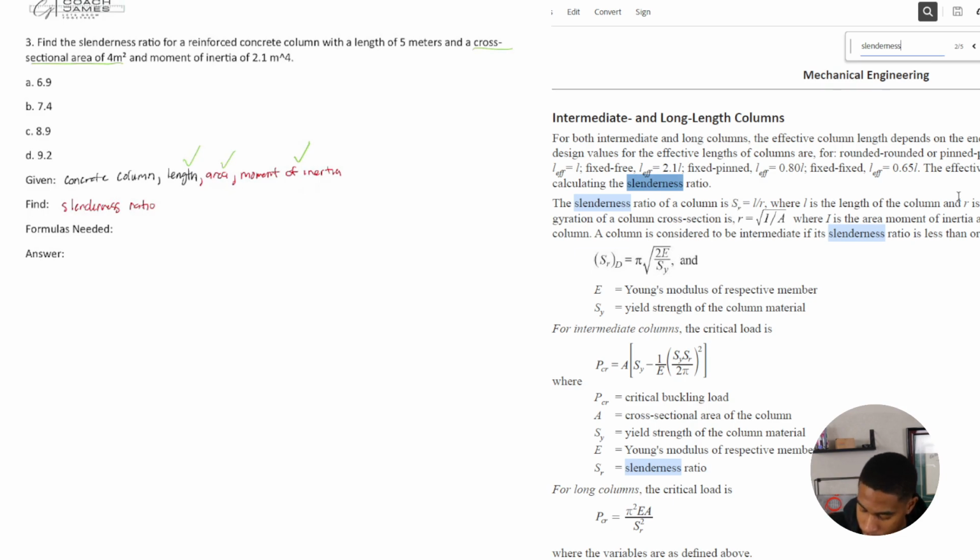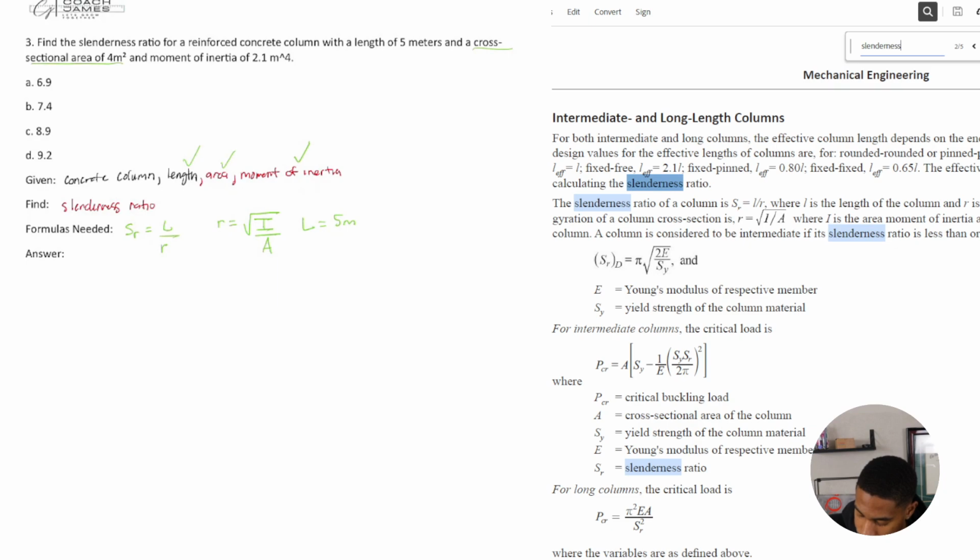So let's solve. The formula I need for the slenderness ratio of a column is SR equals L over R, where R is equal to the square root of I over A. And L is equal to the length of the column, which is 5 meters.